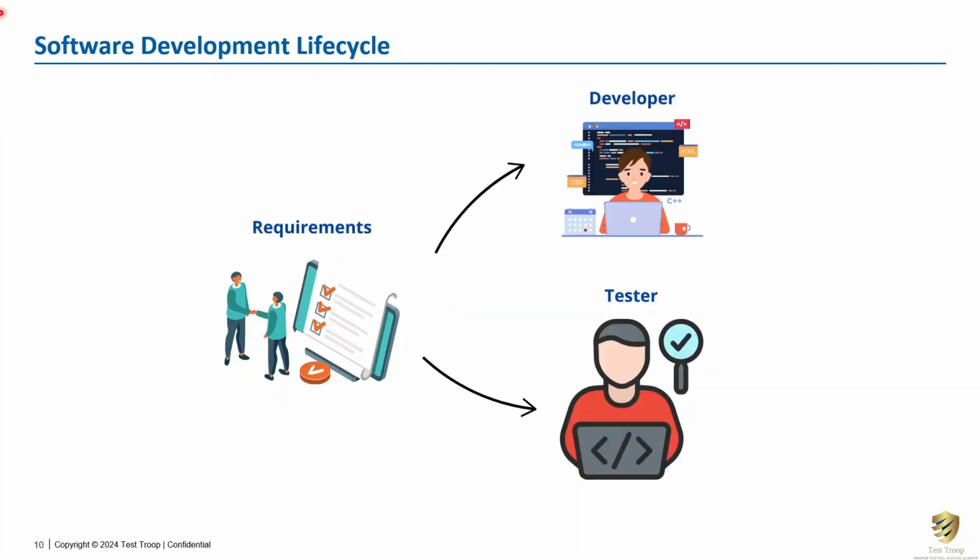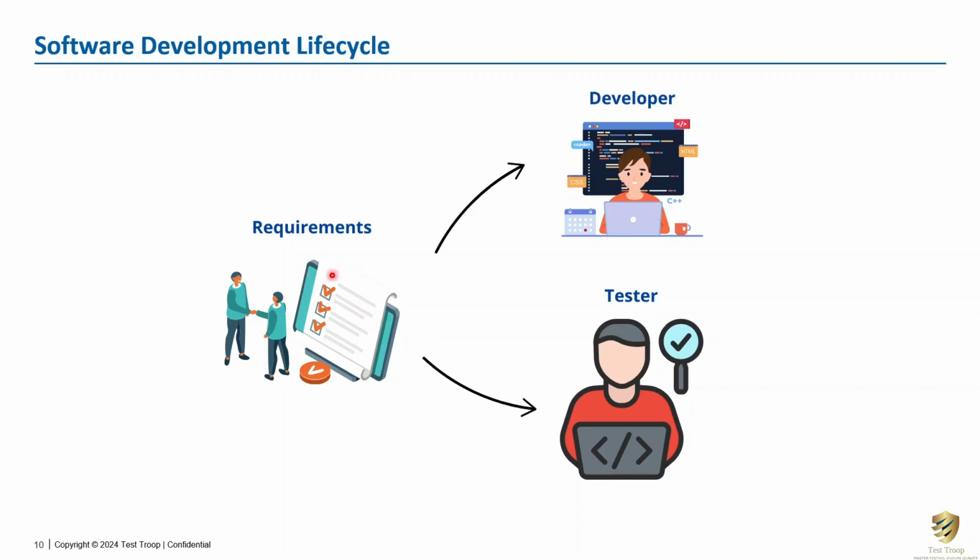Now let's go deeper into each of these steps to understand the internal process and the activities involved. In software development, once the scope is defined during the planning phase, the next step is to gather and analyze detailed requirements from the stakeholders. This involves defining the user stories, specifying the acceptance criteria, and outlining the technical requirements to ensure clarity and alignment among the teams.